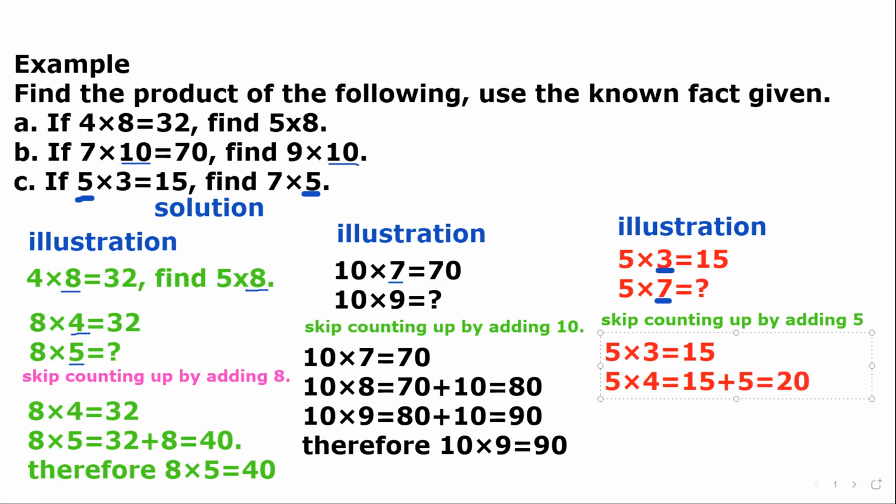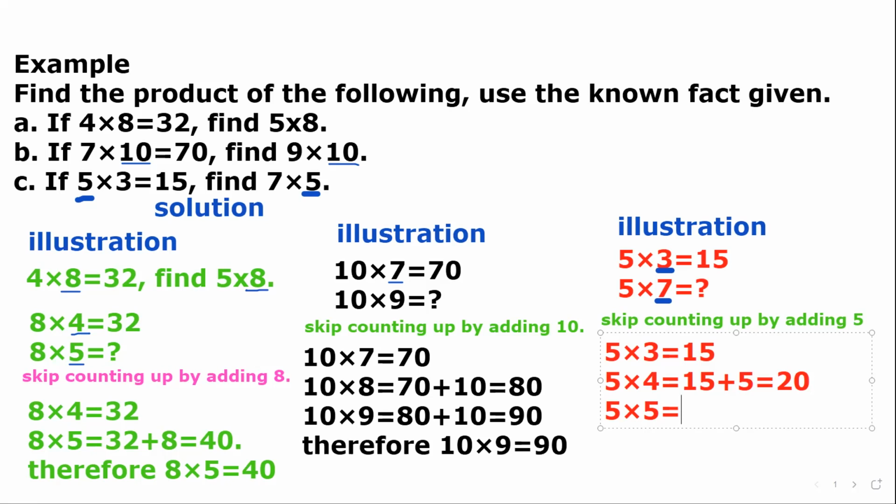20. Okay, good. Now you move on to the 5 times the next number. When you skip counting up from the 4, you move on to 5. So 4 times 5 is the known fact now.